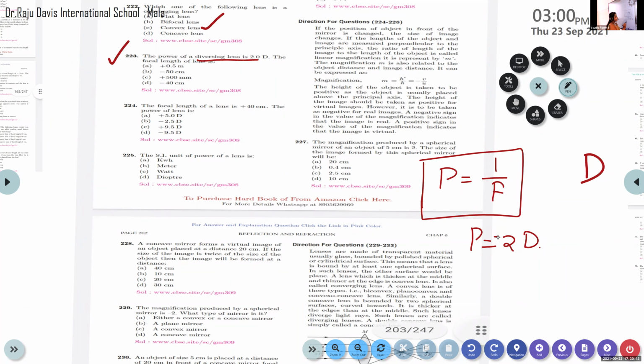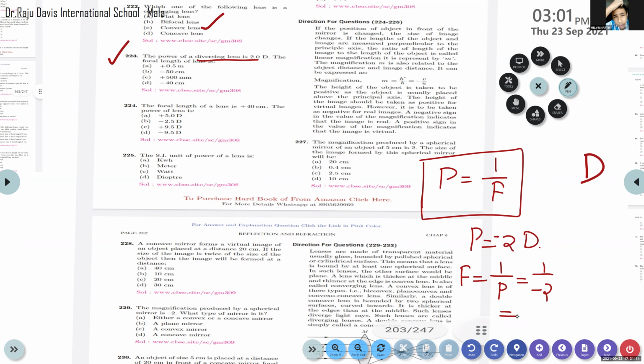Then how can we calculate the focal length? Focal length f is equal to 1 by P, the reciprocal of the power, that is equal to 1 by negative 2. What will be the answer? 1 by negative 2. Here the options are plus 5 meter, minus 50 centimeter, plus 500 millimeter, minus 40 centimeter.